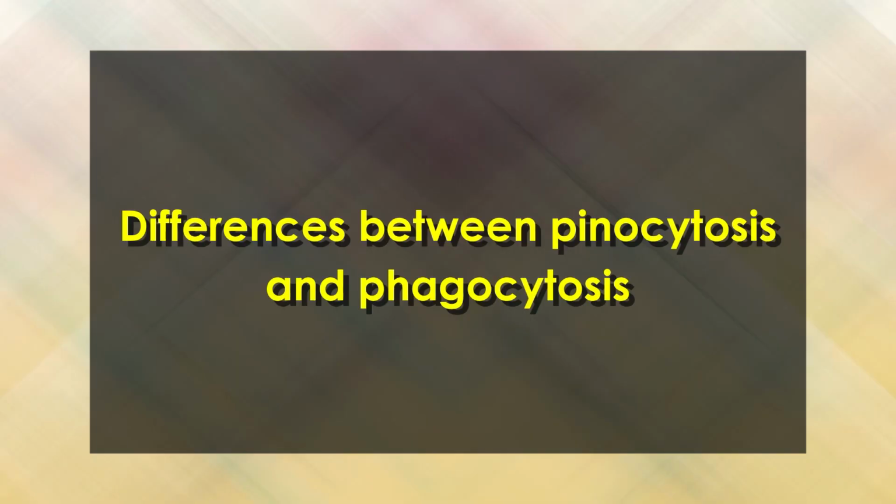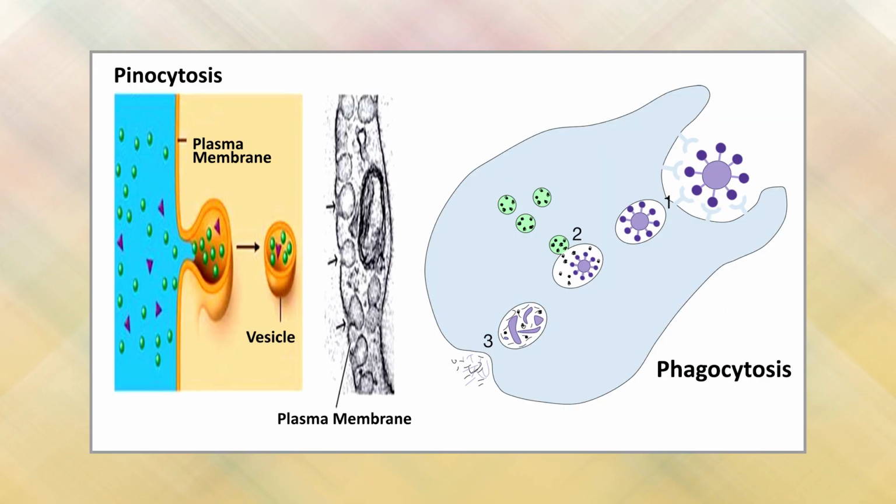Dear students, let us now discuss the differences between pinocytosis and phagocytosis. Pinocytosis and phagocytosis are similar processes, but they have some key differences. Phagocytosis is used to absorb materials much bigger than the particles that can be absorbed by pinocytosis, such as bacteria.